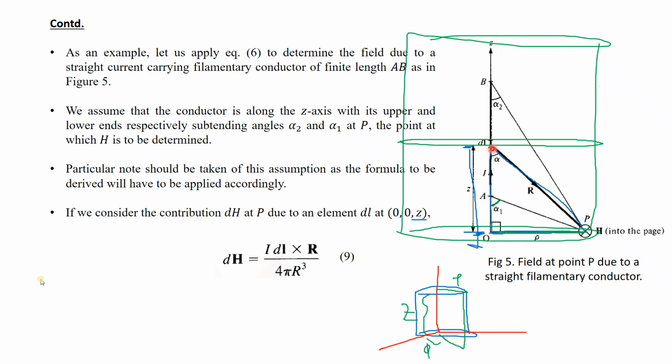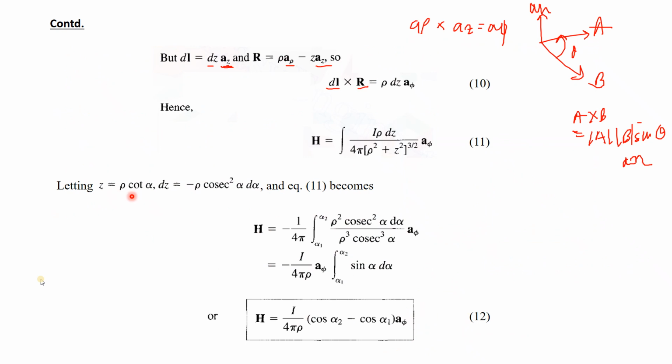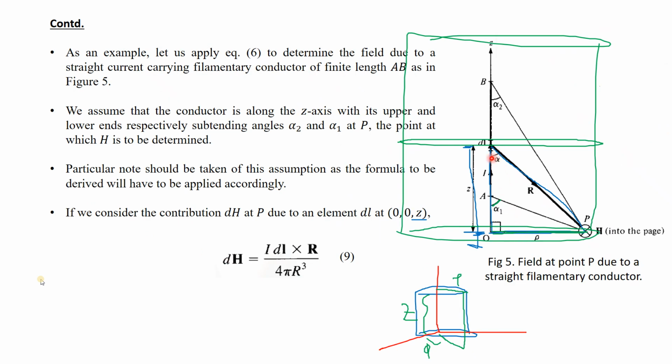This length will be rho, this is z, and this is r. What is the relationship between z and rho? If this is alpha, this is the base, this is the perpendicular, this is the hypotenuse.